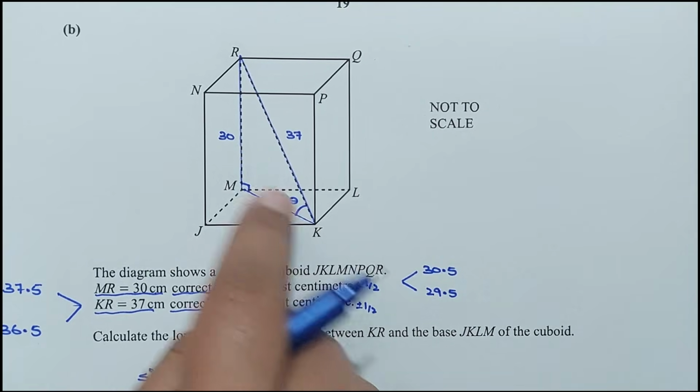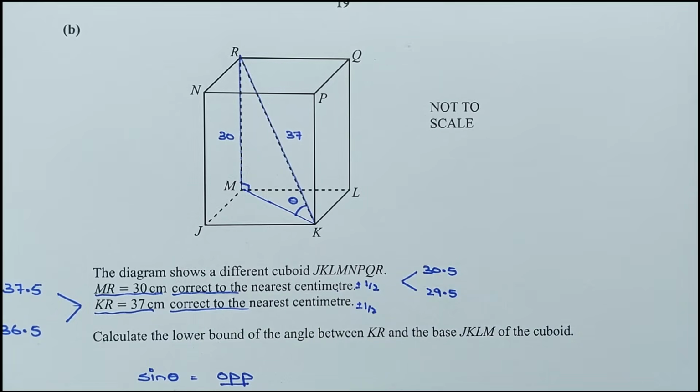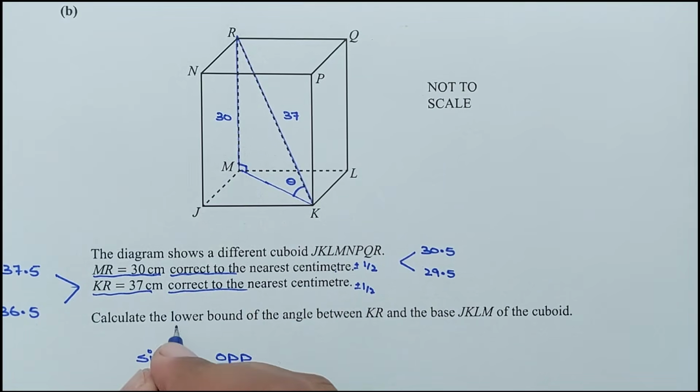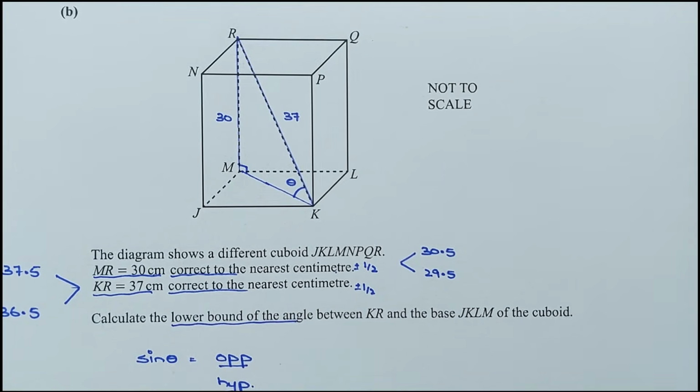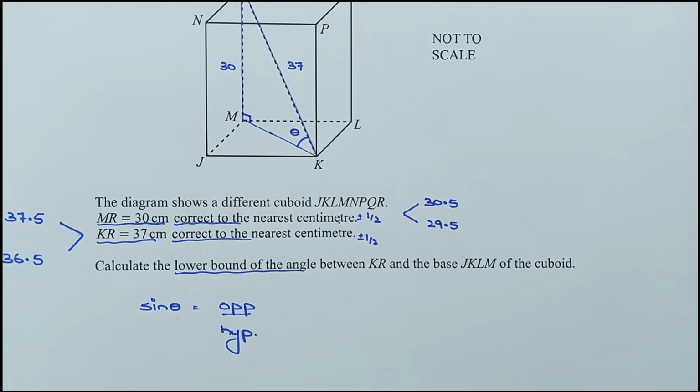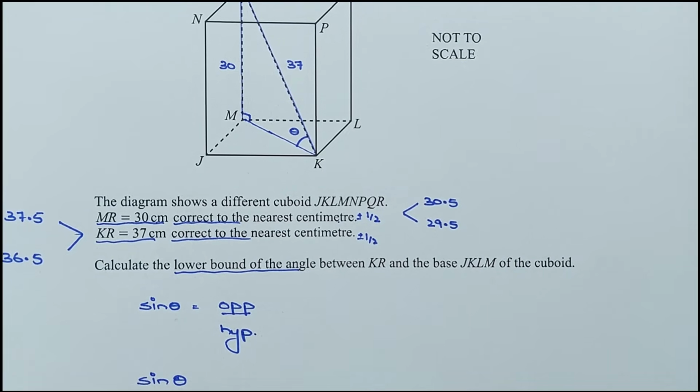So we can say sine of theta, where this angle is theta, is opposite over hypotenuse. The opposite side is 30 and the hypotenuse is 37, but we have to find the lower bound of that angle. For the lower bound of sine theta, it means the opposite lower bound and the hypotenuse upper bound.